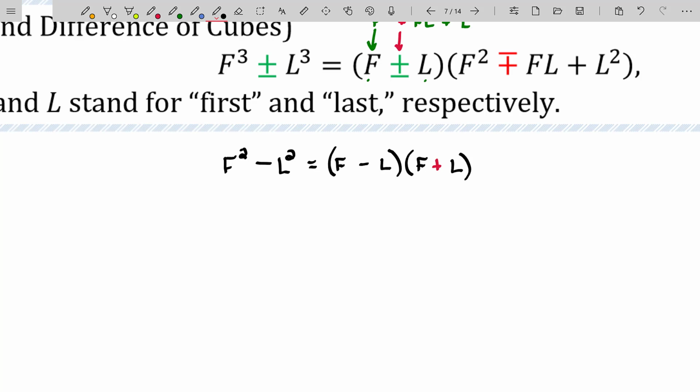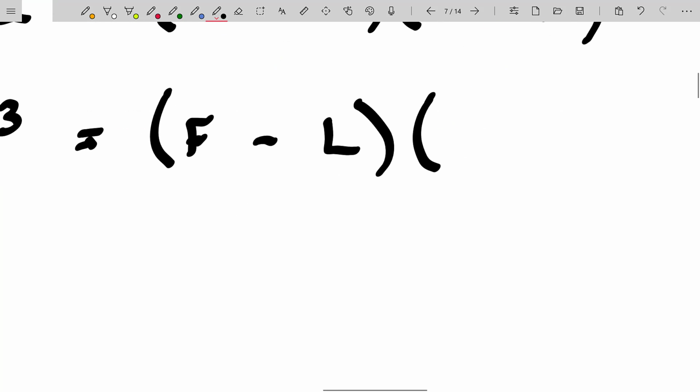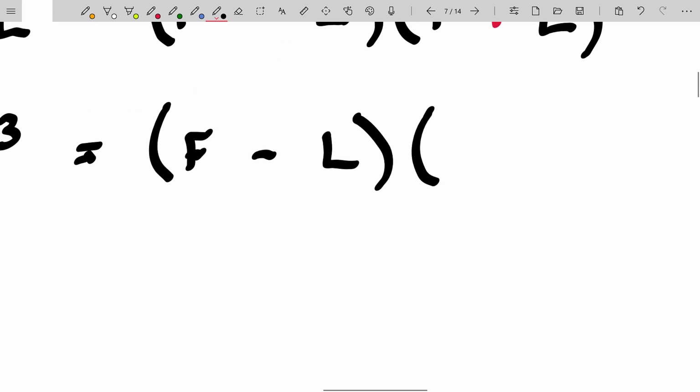But the difference of cubes is very similar, actually. Difference of cubes, I'm going to take that first item. I'll take the sign. I'll take the last item. Now, because of the difference of cubes in this case, I need to multiply that linear factor by a quadratic.